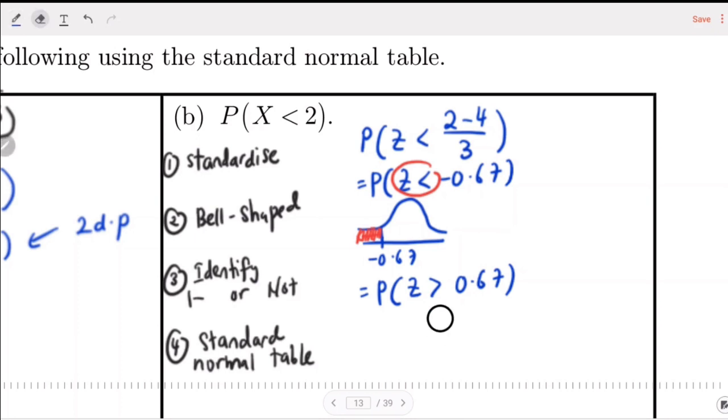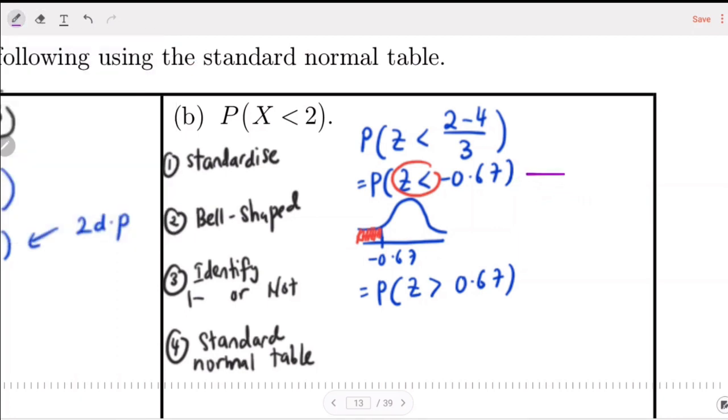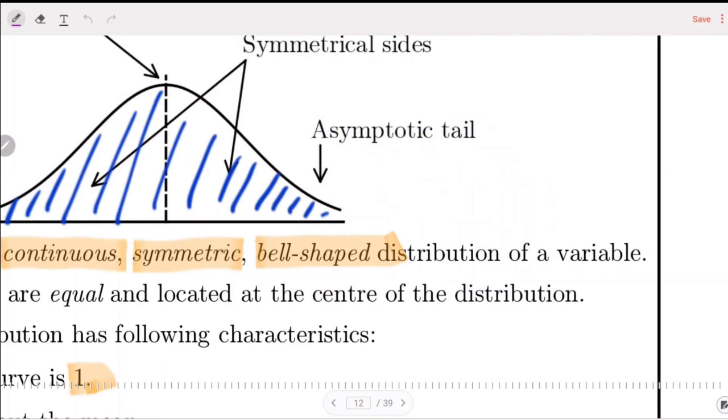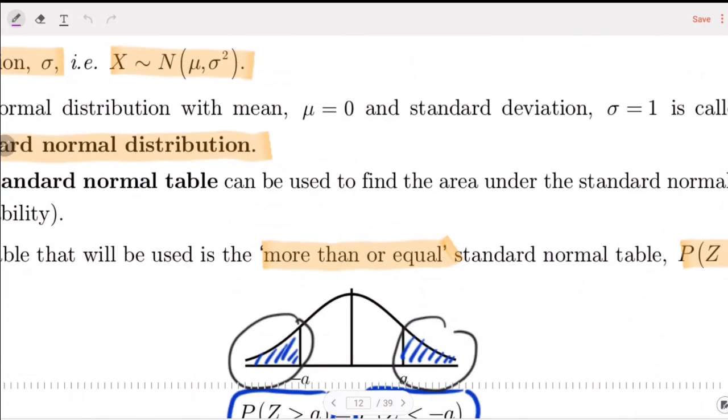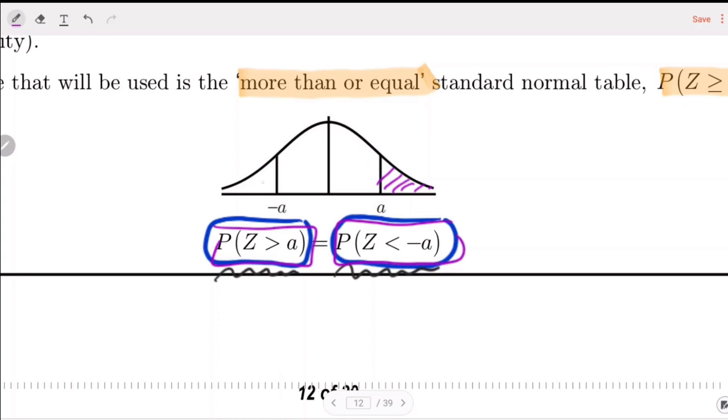Right? So if you wonder why probability for z less than negative 0.67 is equal to probability for z greater than 0.67, actually take a look at this. We already know that probability for z greater than a, which is this part, is actually equal to probability for z less than negative a, which is this part.